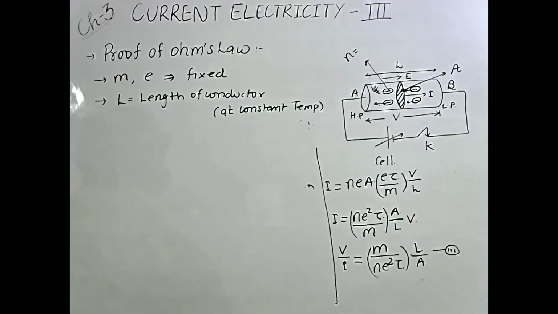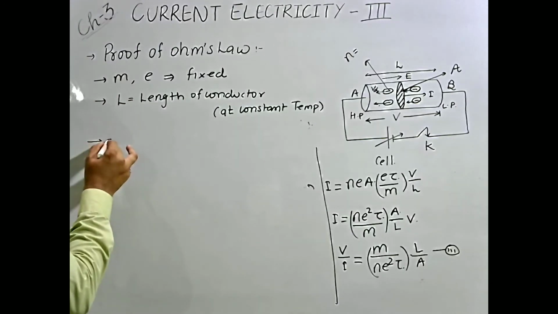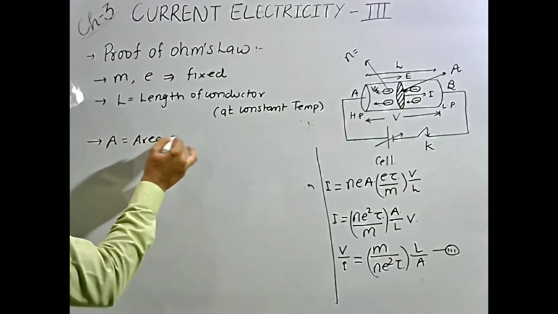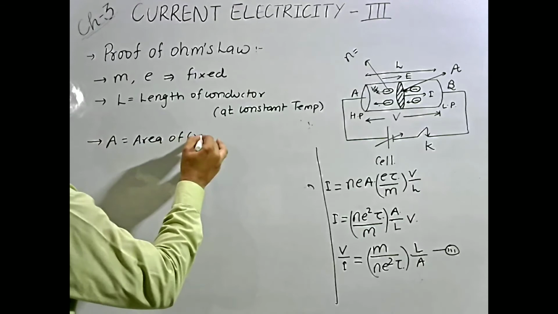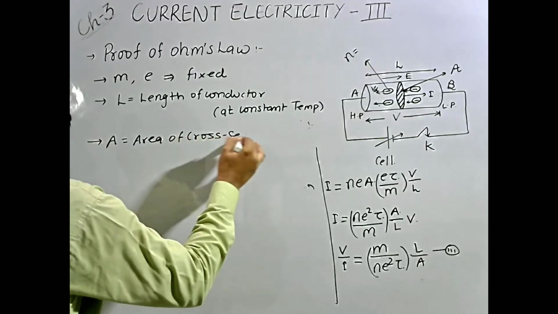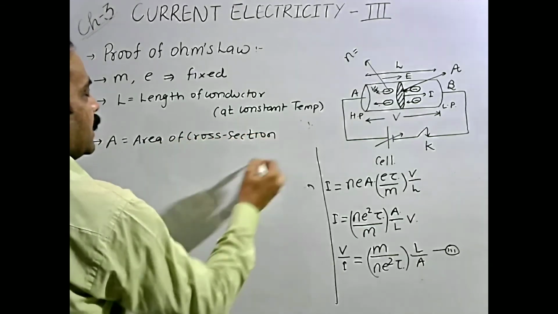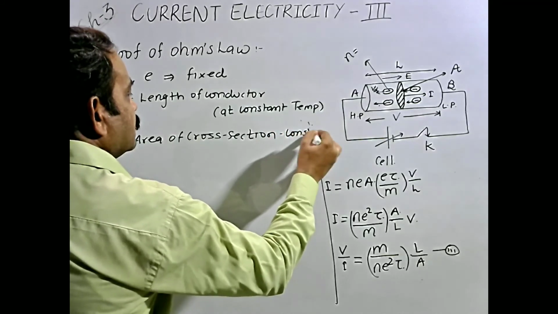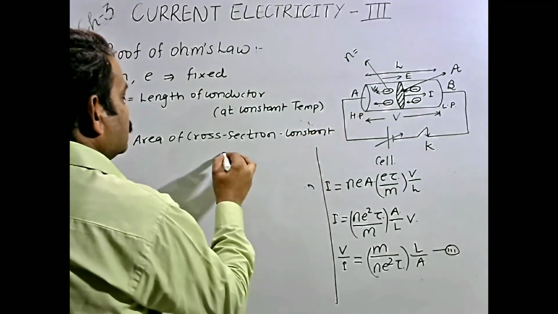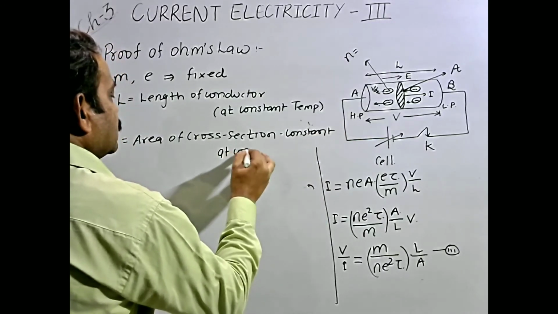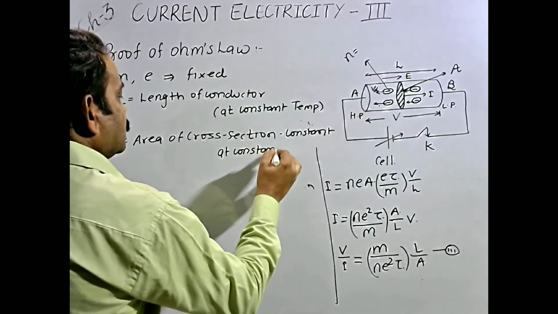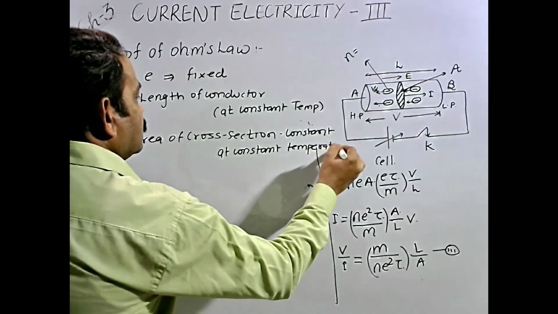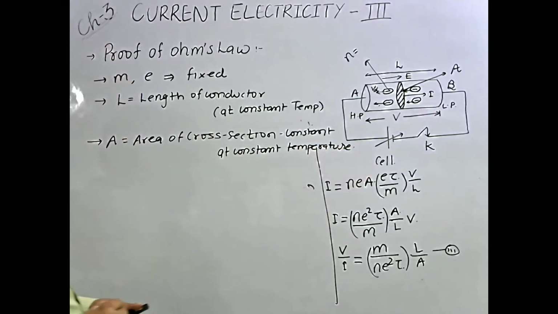In the same way, the area of cross section also remains constant at constant temperature. Understand?